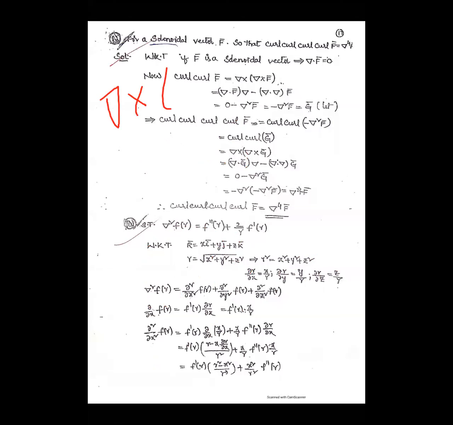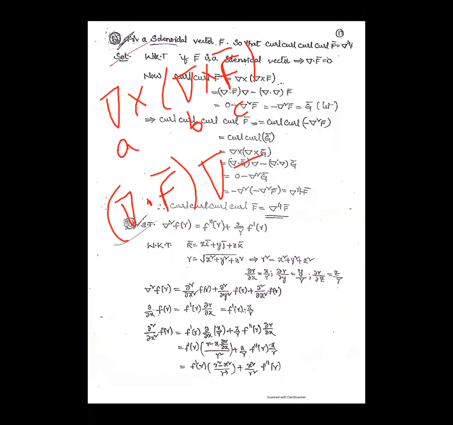Like so, in del cross del cross F, this one is A, this one is B, this one is C. So A dot C means del dot F into del, minus A dot B, del dot del, into F. So del dot F into del minus del dot del into F. F is a vector.